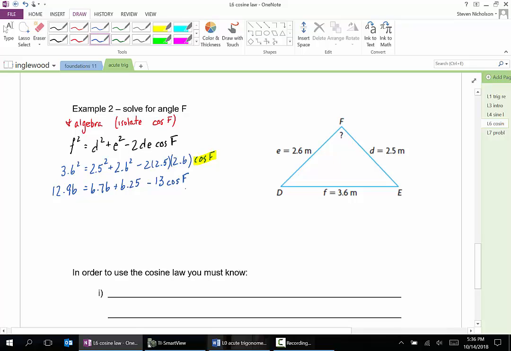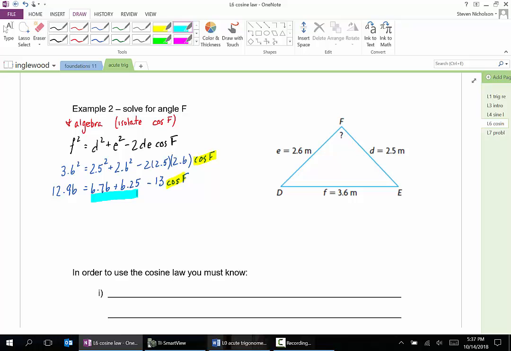Now, we're going to go ahead and isolate cos F. So here's a little equation. Now, again, I want you to recognize that these two things are just simply numbers. They're like terms. And what we could do is add those two numbers together and subtract them from both sides.